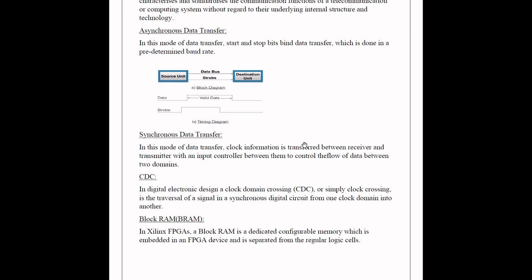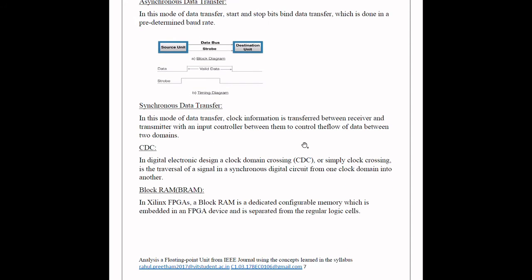Now, synchronous data transfer. In this mode of data transfer, clock information is transferred between receiver and transmitter with an input controller between them to control the flow of data between the two domains. CDC. In digital electronic design, a clock domain crossing, CDC or simply crossing, is the traversal of a signal in a synchronous digital circuit from one clock domain into another.